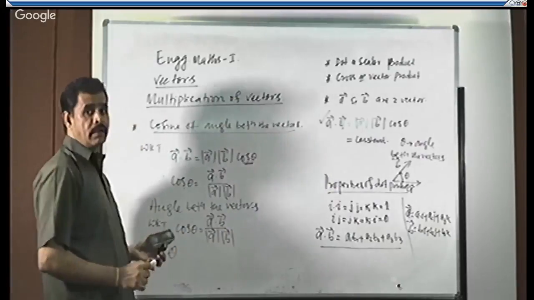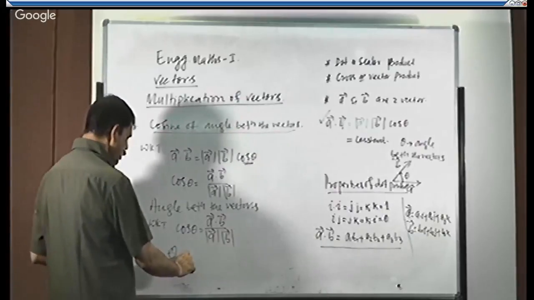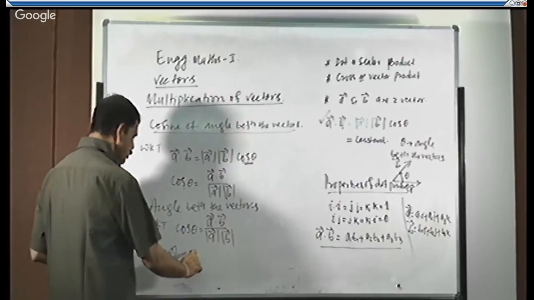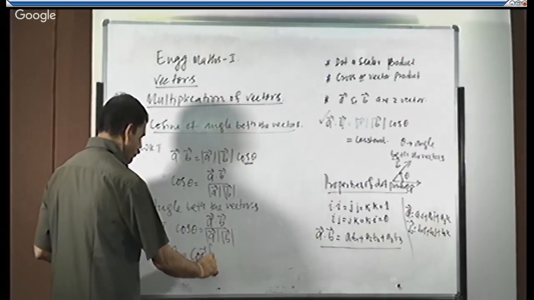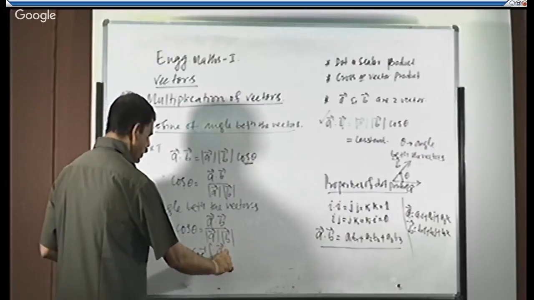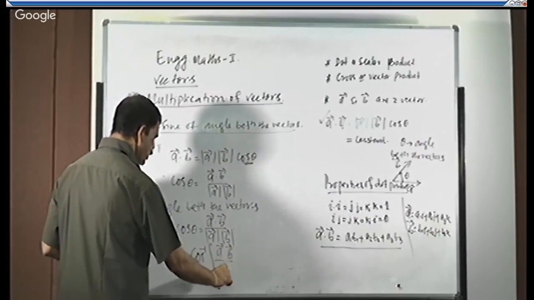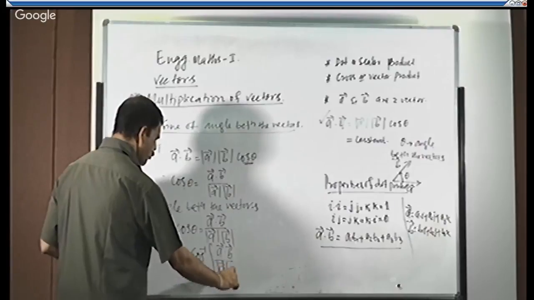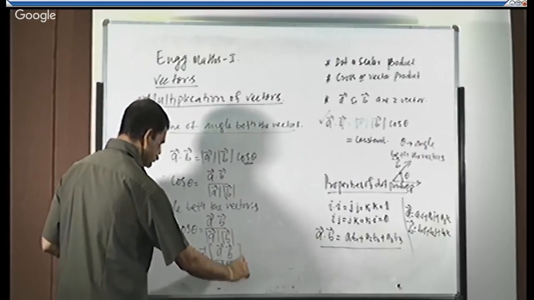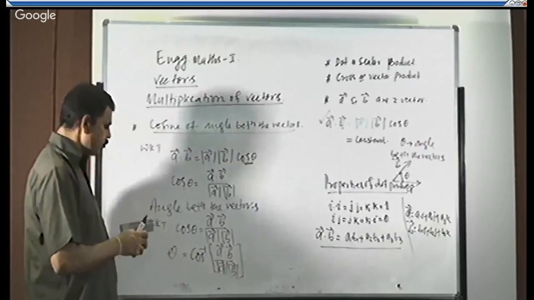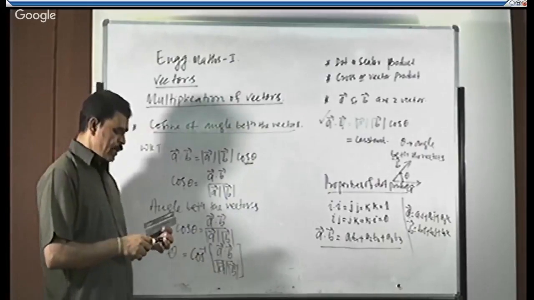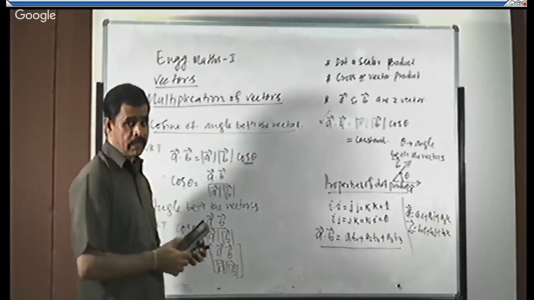What is the angle? Theta will be equal to cos inverse of A dot B divided by magnitude A, magnitude B. In this way, we can get the angle between the two vectors.